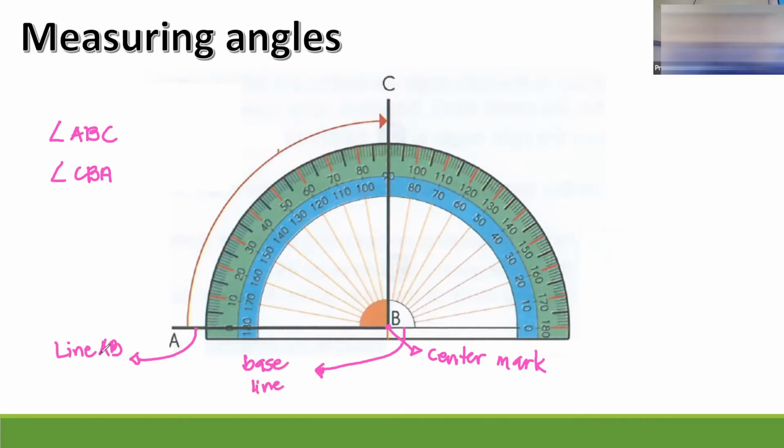So, line AB should be aligned with the baseline.